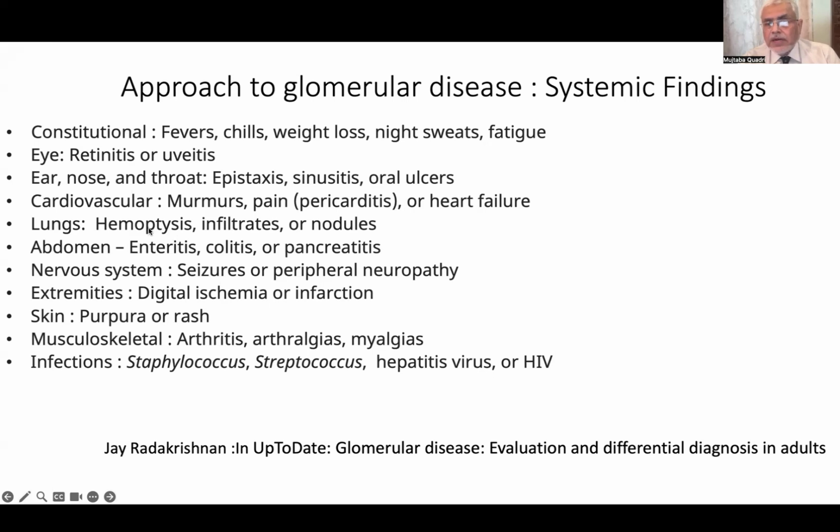Lungs, you can have the pulmonary renal syndromes with simultaneous hemoptysis or infiltrates or nodules, either with anti-GBM disease or with ANCA-related vasculitides. Abdomen, again, enteritis, colitis, pancreatitis can occur with microscopic polyarteritis. Seizures can occur with TTP, peripheral neuropathy with polyarteritis or microscopic polyarteritis, like we said.